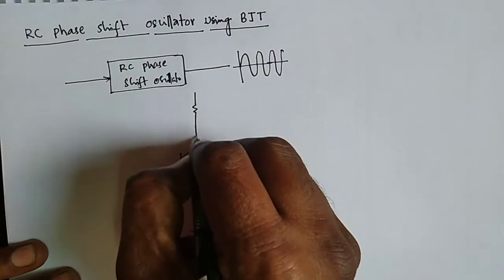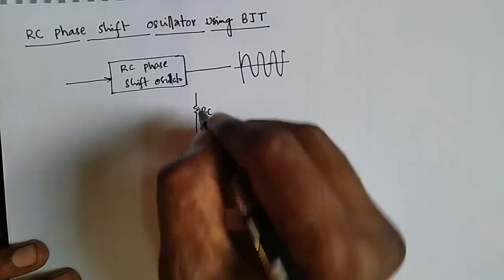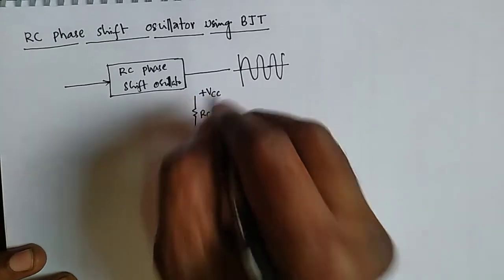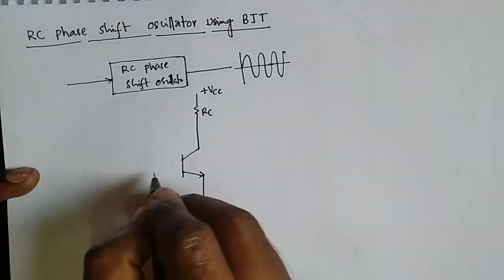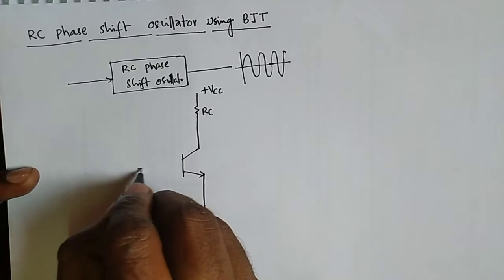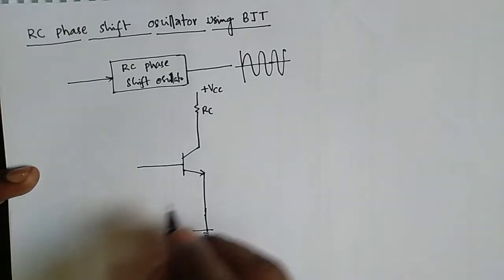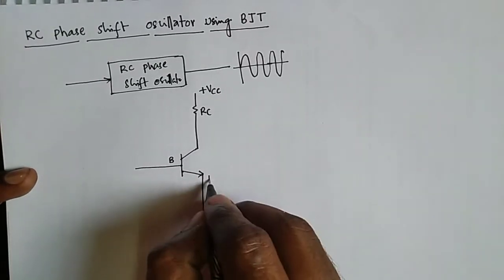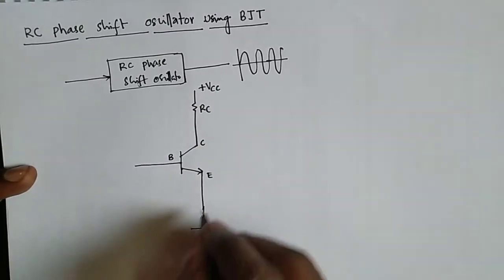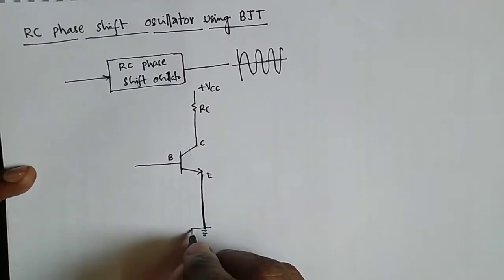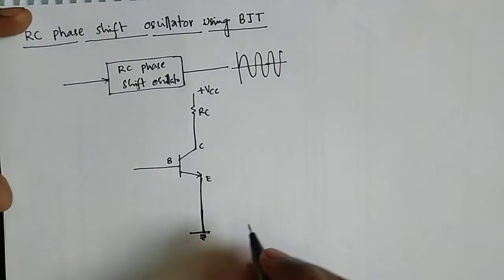At output stage, that is RC, which is connected from plus VCC. This one is base, emitter, collector. So emitter is connected to ground, that is why it is common emitter.